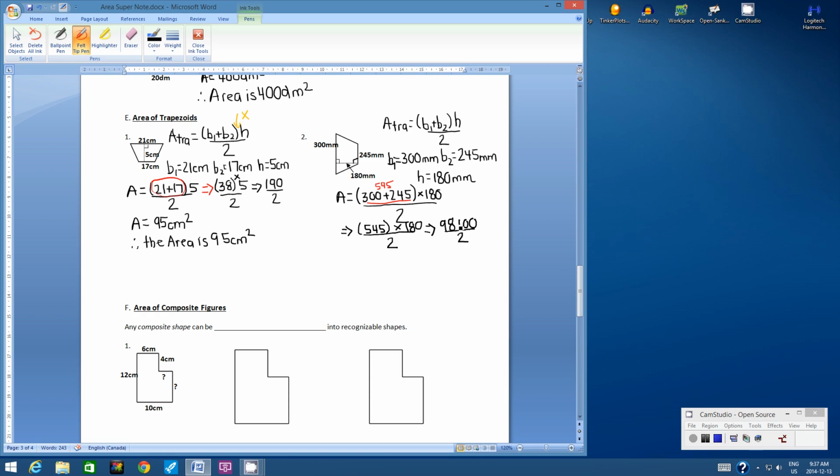All right, so please use your calculator and then we'll drop down to the answer line. 98,100 divided by 2 equals 49,050 millimeters squared.